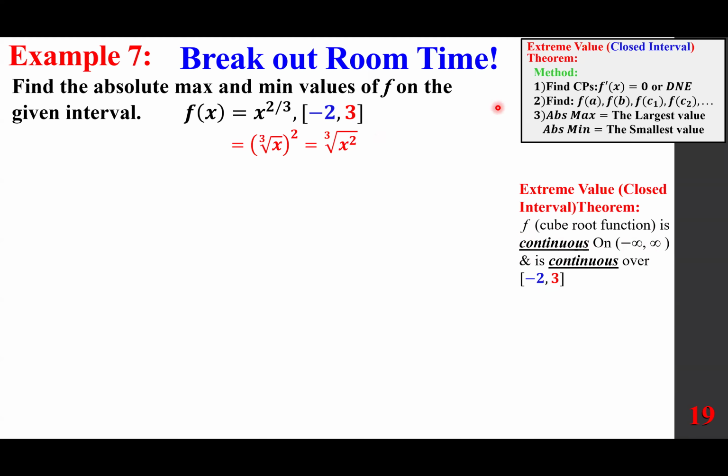Therefore, we're going to move on with the closed interval theorem, starting with f prime of x. To take the derivative, we're going to go back to this one, 2/3 x to the power of 2/3 minus 1, which is -1/3. This goes down, becomes x to the power of 1/3 or cube root of x. So this is the format we're going to write.